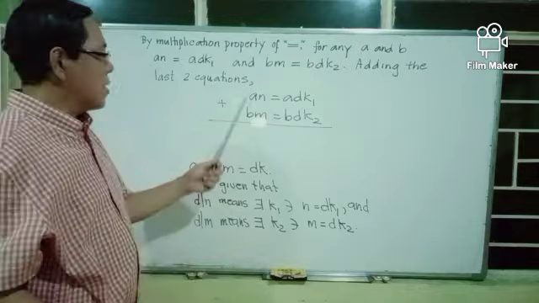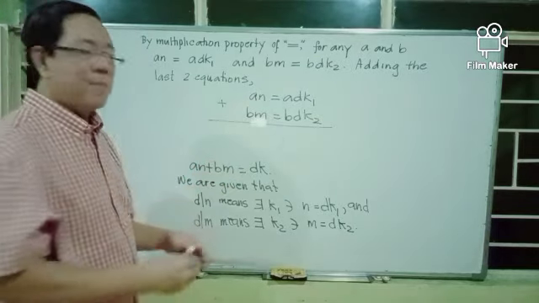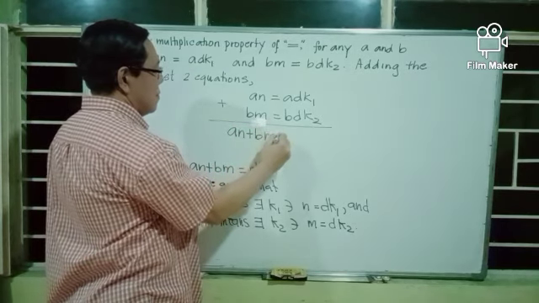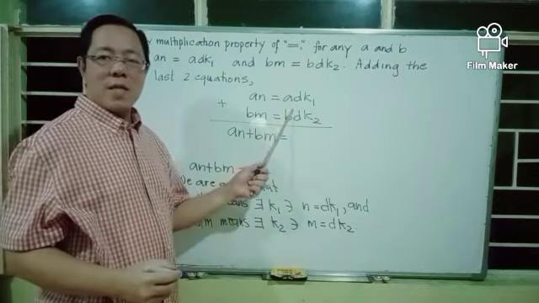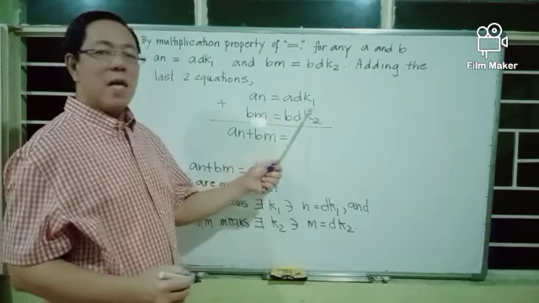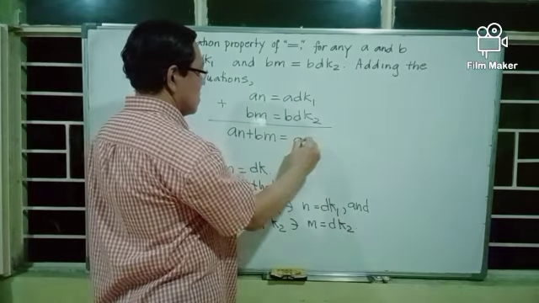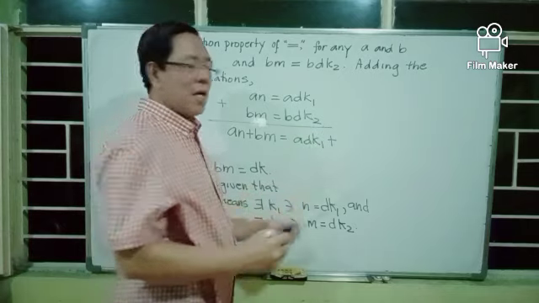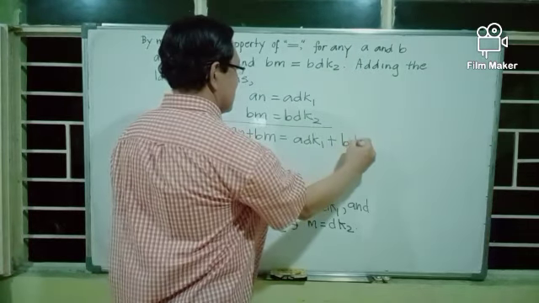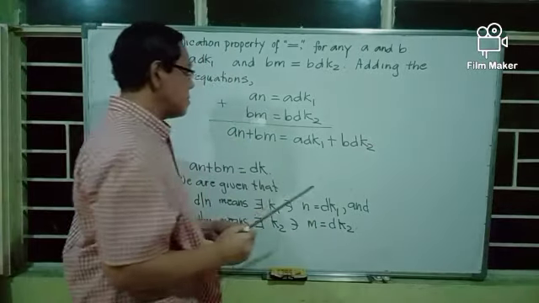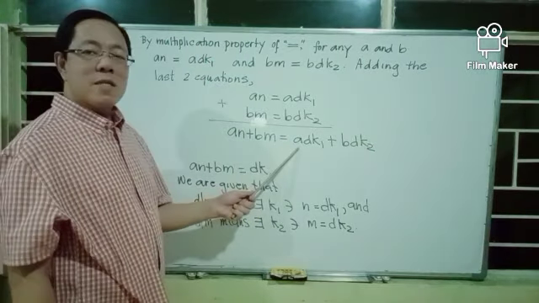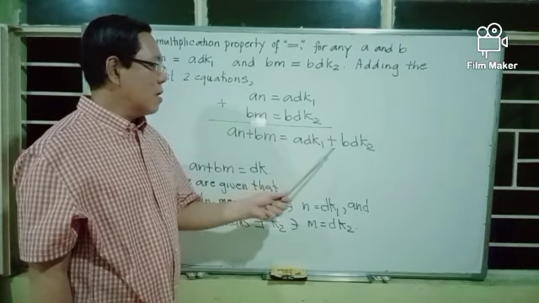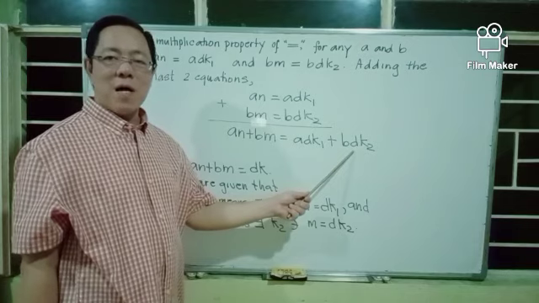We add the left hand side, we get an plus bm. And we add the right hand sides of the two equations, a d k1 plus b d k2. And you can see that at the right hand side of the equation, there is a common factor d. And we factor out the common factor d.